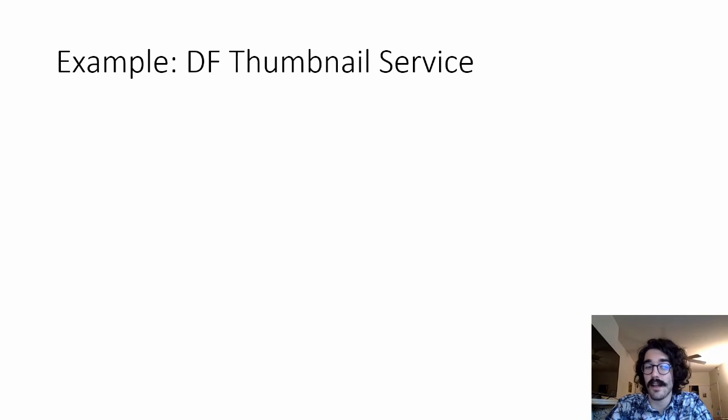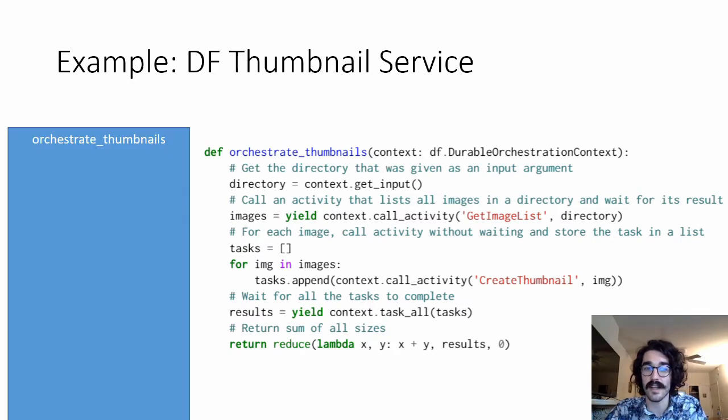Let's now look at an example of a durable functions orchestration, which is a thumbnail service. We can see that this orchestration starts by getting the directory from its input. This directory could be a directory in some storage service. Then it calls an activity getImageList, which internally sends a request to this storage service and gets the images in this directory.